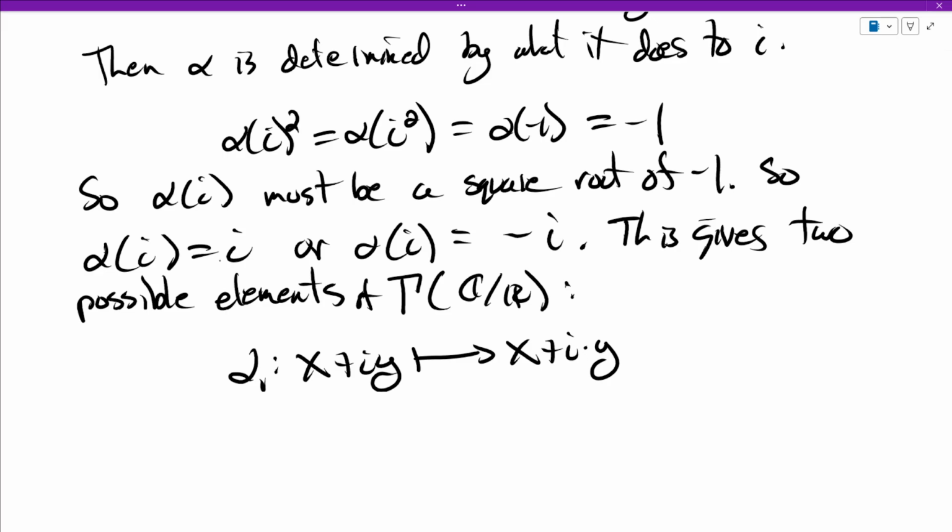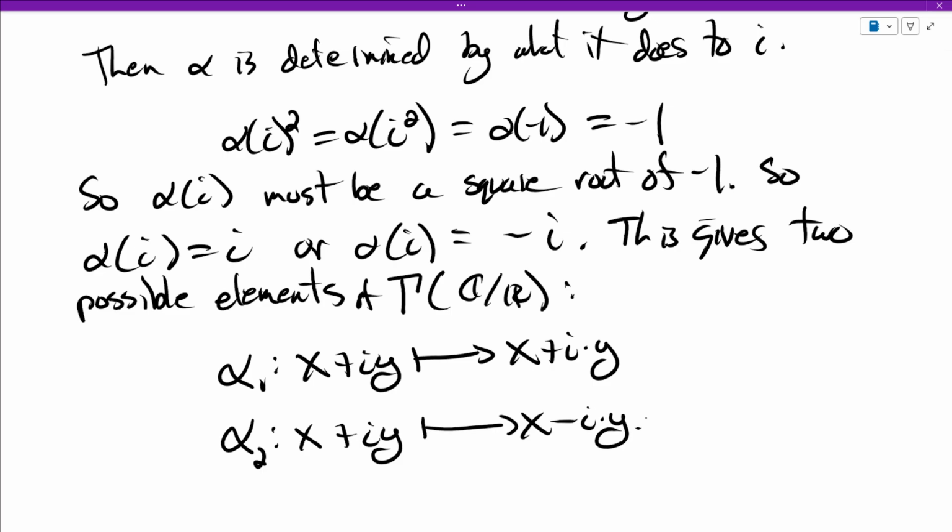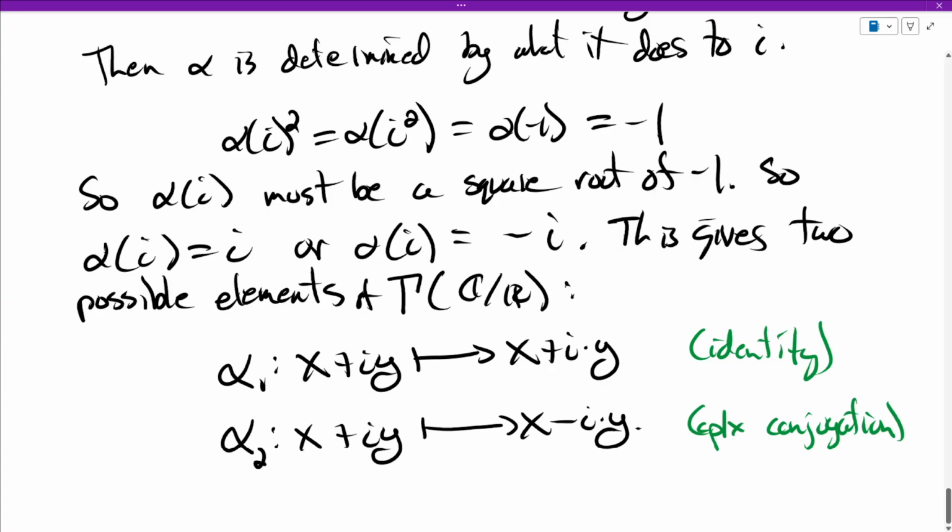That's this first choice. And we get an alpha 2 that takes x plus iy and negates the y part. So this alpha 1, this first guy, is just the identity. And this one is complex conjugation. And those are the only possible R-automorphisms of C. Those are the only possible automorphisms of C that fix R pointwise.